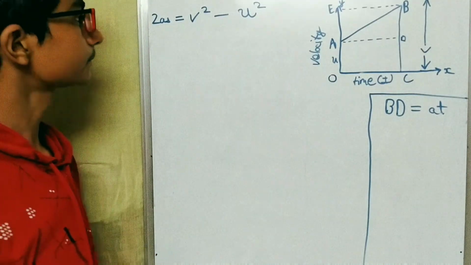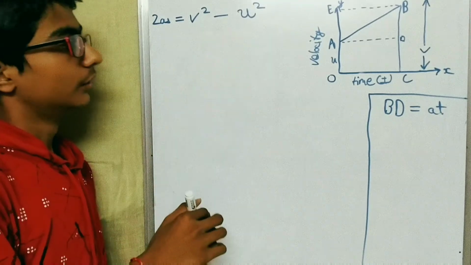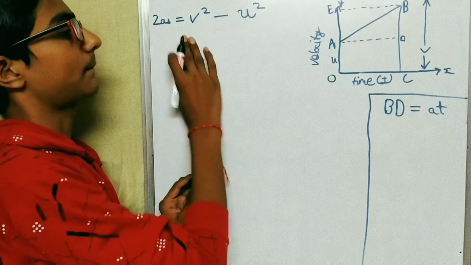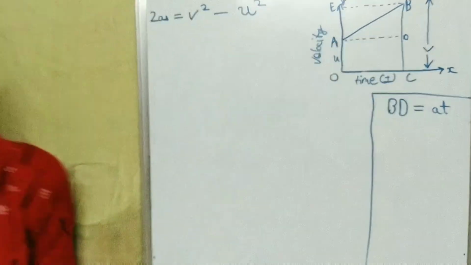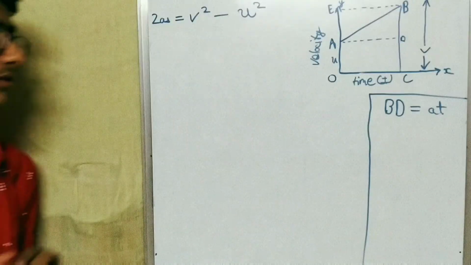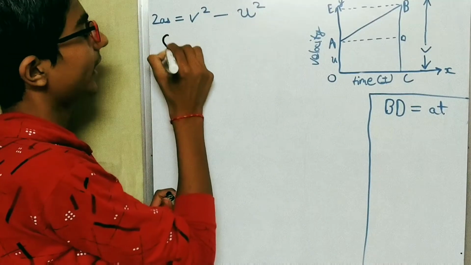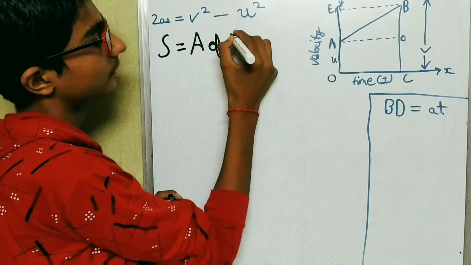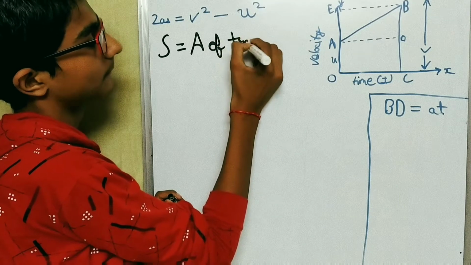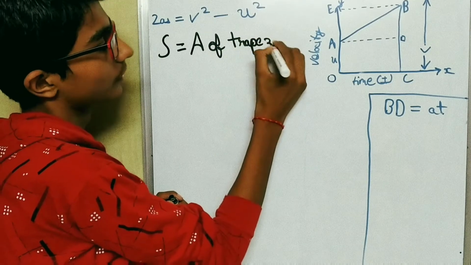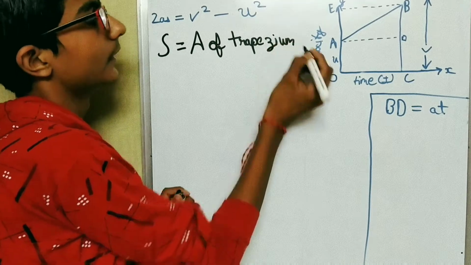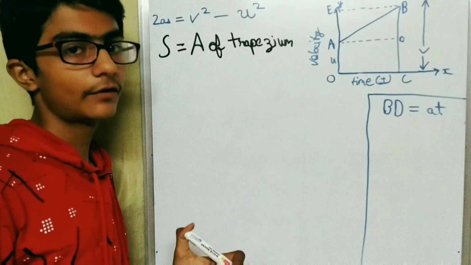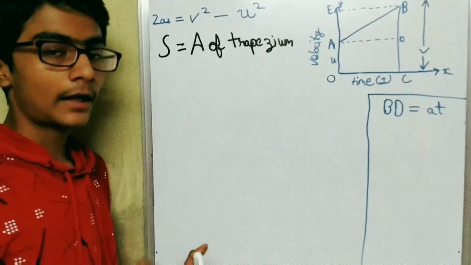So now, how to do this? First we will just do the area of trapezium. In the derivation of the second equation, the area of trapezium was the area of rectangle plus the area of triangle.